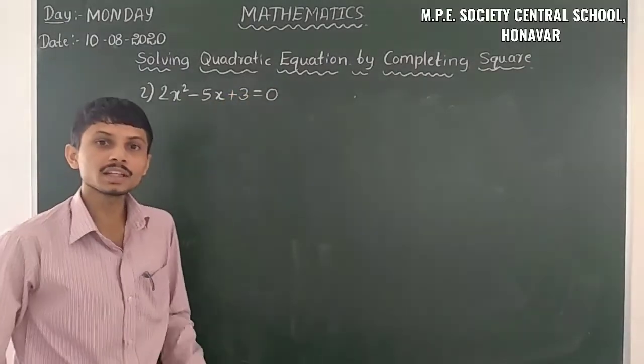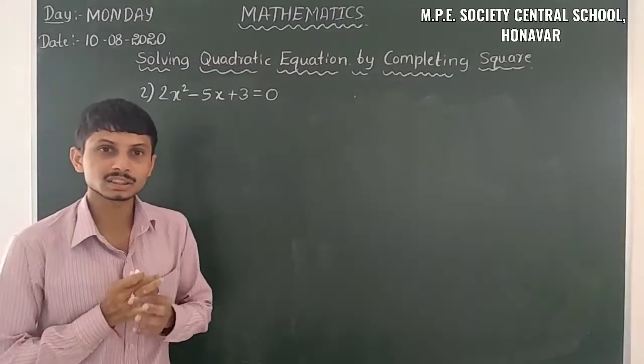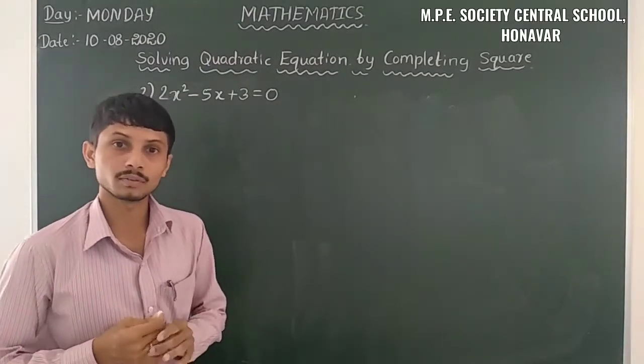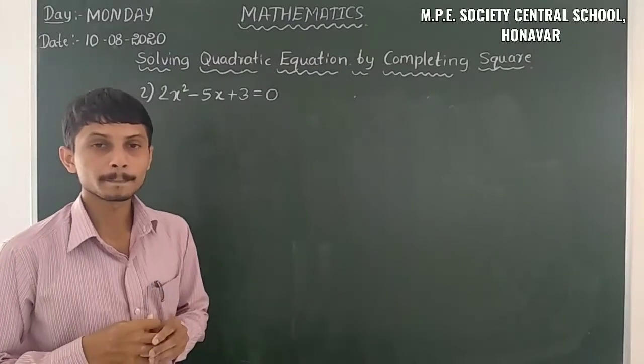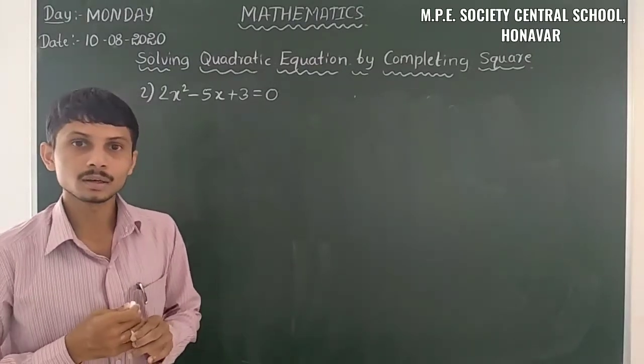Okay, so just observe here. In the previous quadratic equation, the first term was x square. So here there is no plain x square. There one was a perfect square, so we have to convert it into a perfect square.